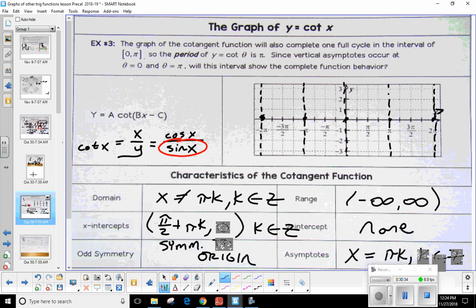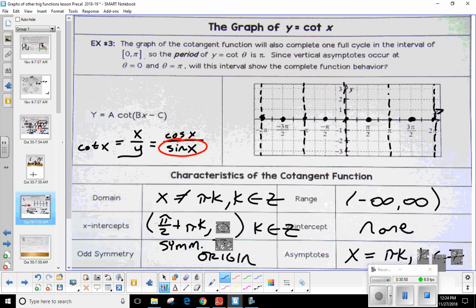So you take a pair of asymptotes and go halfway between. What's halfway between 0 and pi? Pi over 2. What's halfway between pi and 2 pi? 3 pi over 2. So exactly halfway between each pair of asymptotes, that's where my intercepts are going to be.